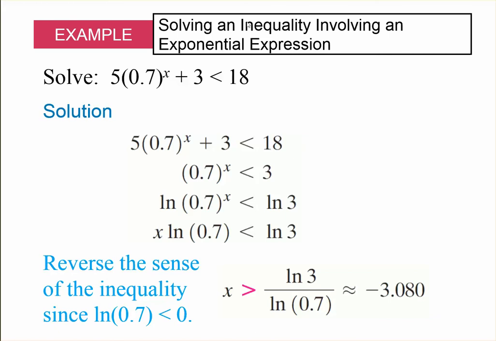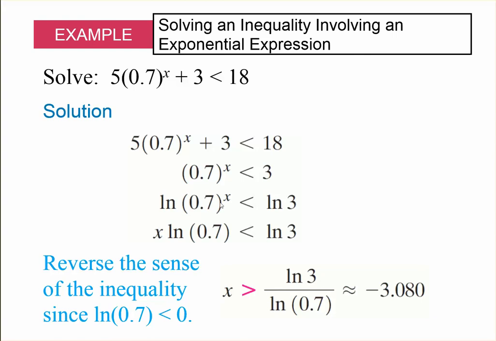Okay, so let's go for it here. As we're trying to solve for x, we subtract 3 from both sides, which gives us 15. We divide by 5, gives us 3. Are we okay here so far? Okay, and here's a little problem. This x is stuck in the exponent. And so what we do is we put ln on both sides.